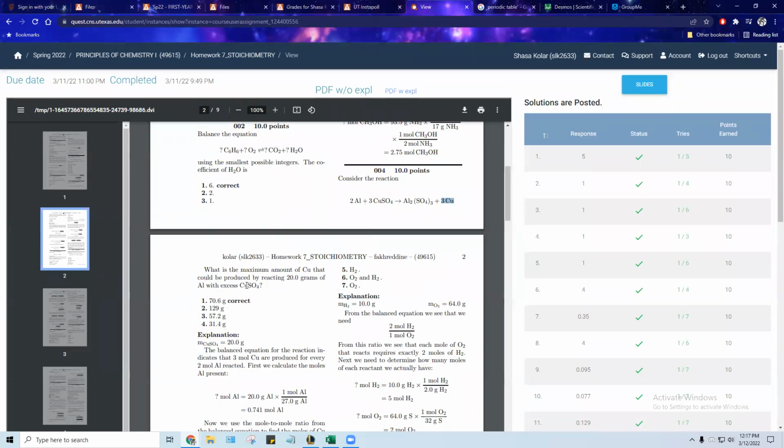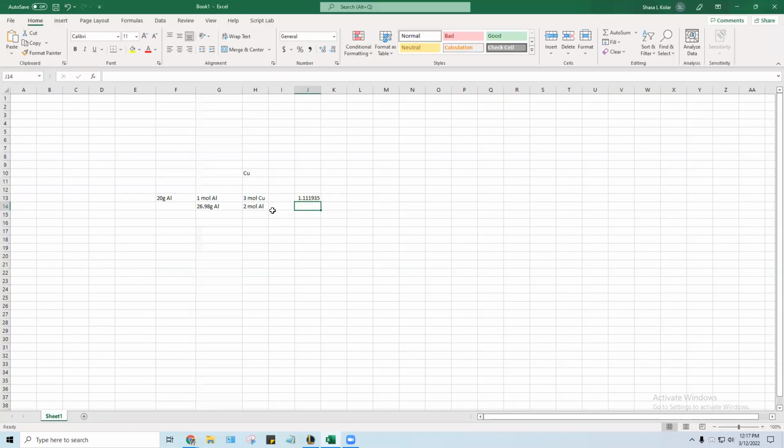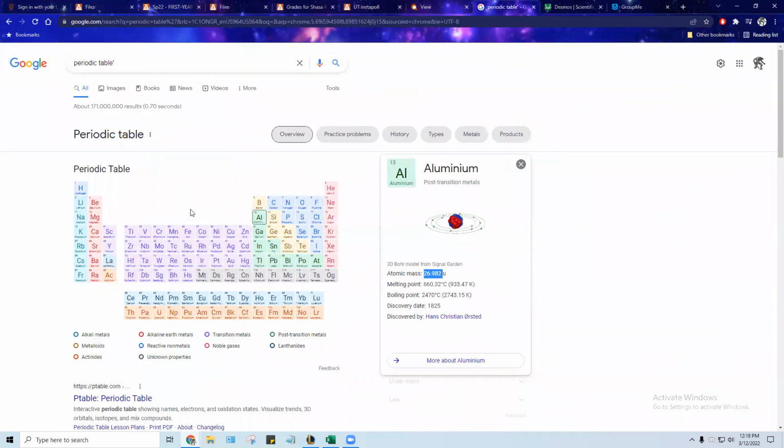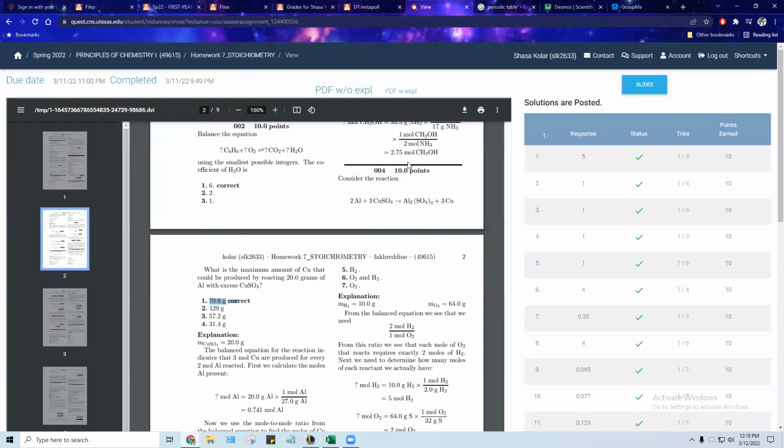Oh, okay, so it wants mass, not just moles. Okay, that's fine. So then go ahead and add that in. 1 mole copper is how many grams? And it's probably like 40 something, 63.55. Yeah.